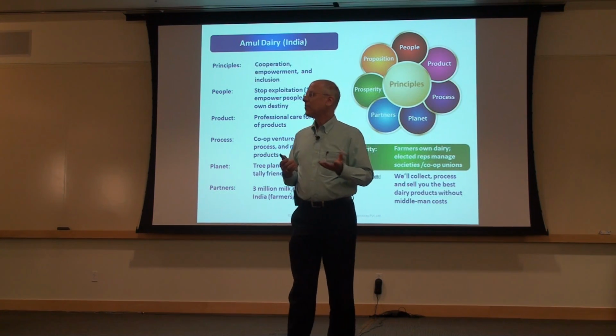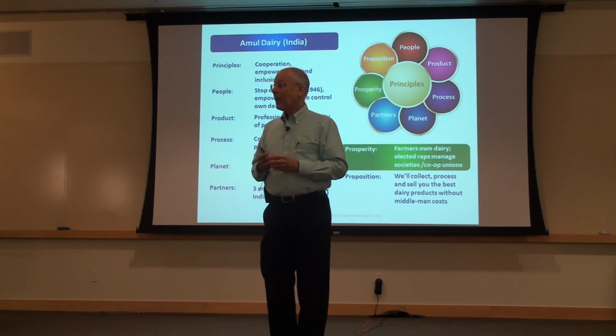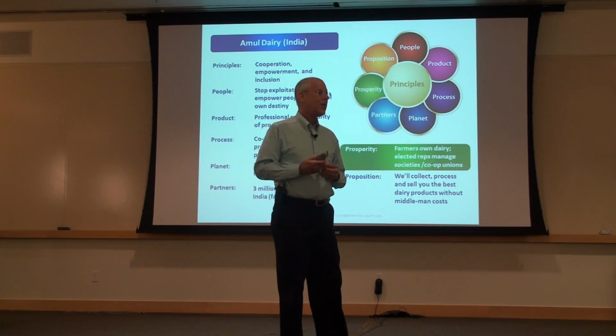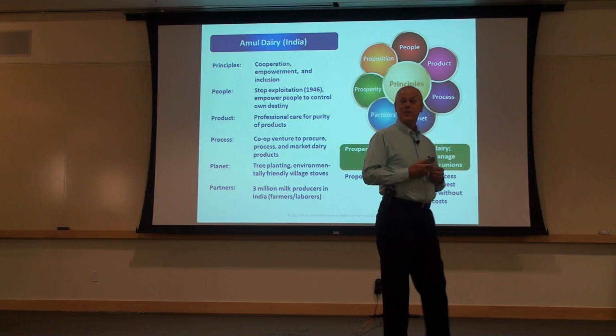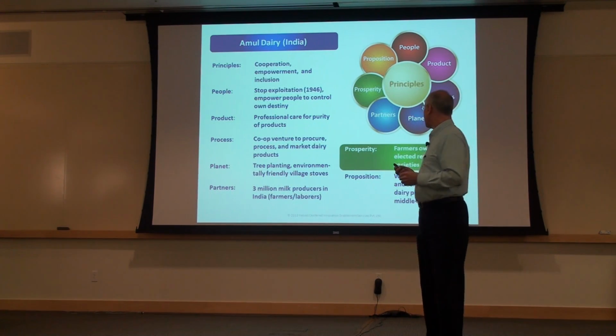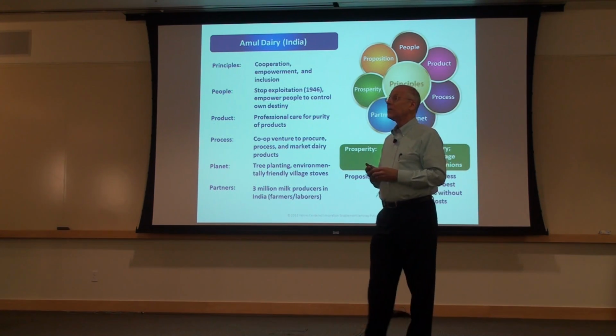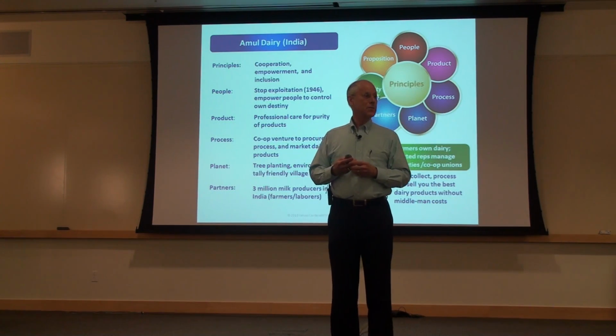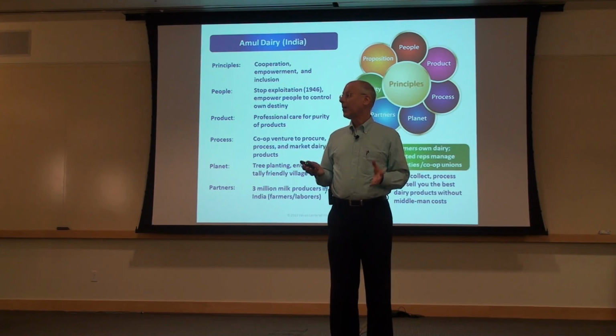They decided to come together and form a co-op. And that co-op is now 3 million farmers who own the co-op. It's basically what is it, $2 billion? This is not a small co-op anymore.